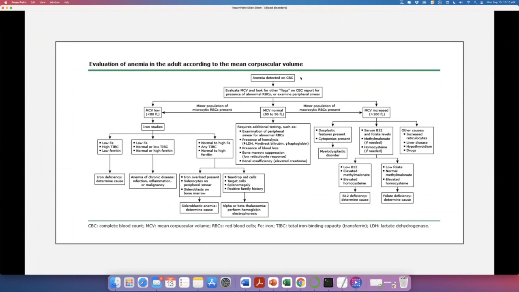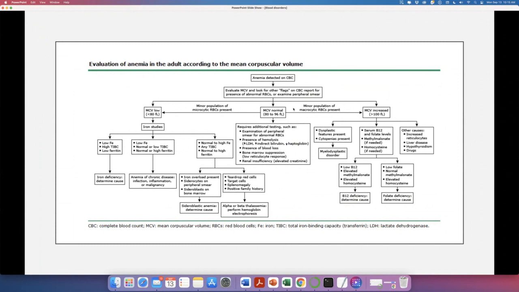Then we have to take a look at different values that are important in the CBC. One of the first values that we look at is the mean corpuscular volume. This talks about the size of the red blood cells. And then we look at other things, for example, the number of reticulocytes, etc., to have an idea.